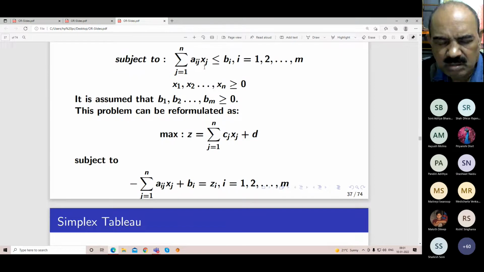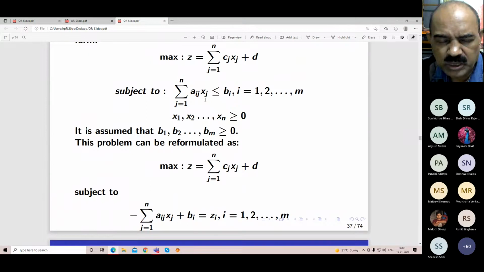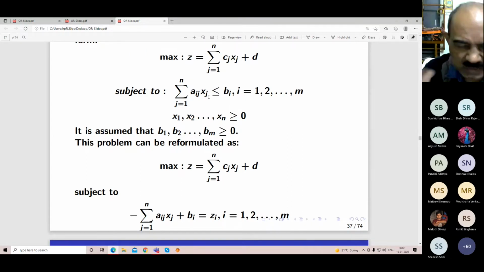I have told you, whenever this type of constraint is there, we introduce a slack variable. So this is the first method. It is quite different from others, so we will again rearrange so that everywhere you find the same logic, the same rule we are using.